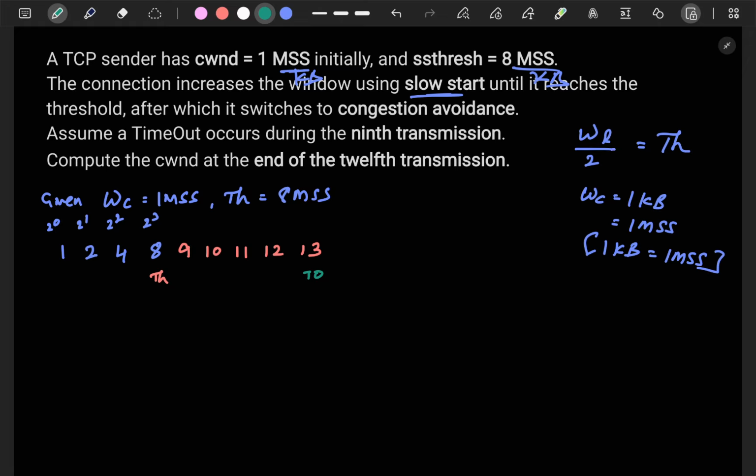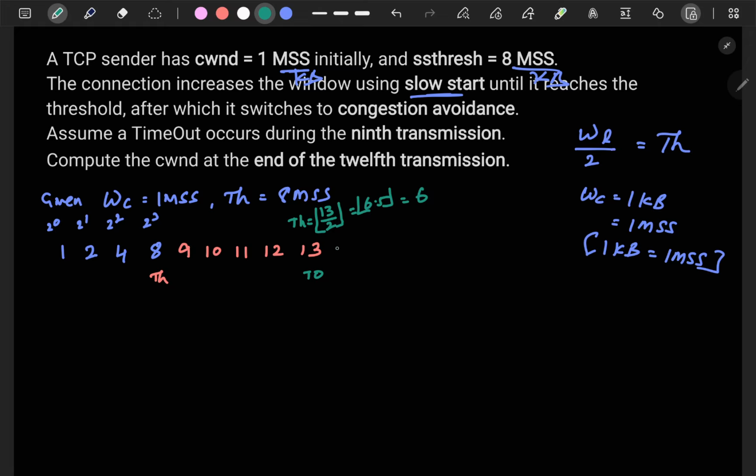Congestion detection has 2 phases: timeout and 3 duplicate ACKs. If a timeout occurs, the congestion is very severe, so we have to calculate a new threshold. The new threshold will be 13 divided by 2, and it would be floor, not ceil. 6.5 floored gives 6. So the new threshold is 6.